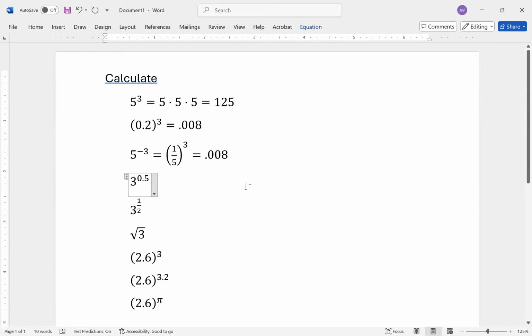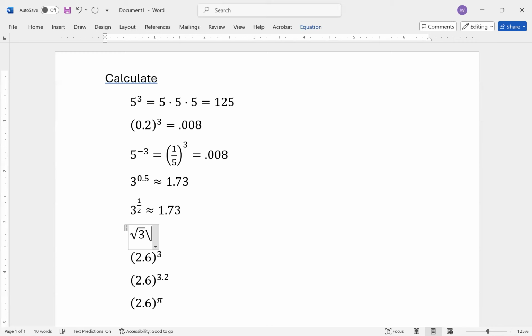3 to the 0.5 power, we can plug that in on our calculator. We get approximately 1.73. That's not an exact value. The reason we get about 1.73 is that 3 to the 0.5 is the same thing as 3 to the 1/2 power. And it turns out that is, in fact, the exact same thing as the square root of 3.